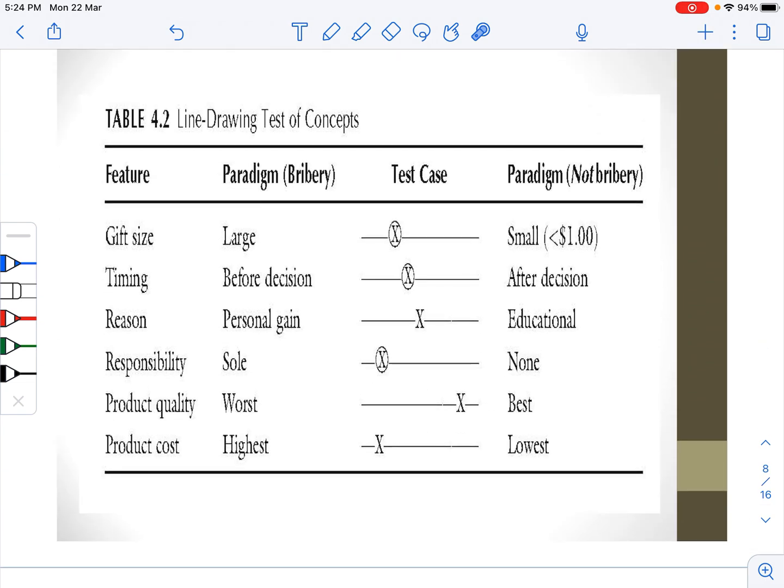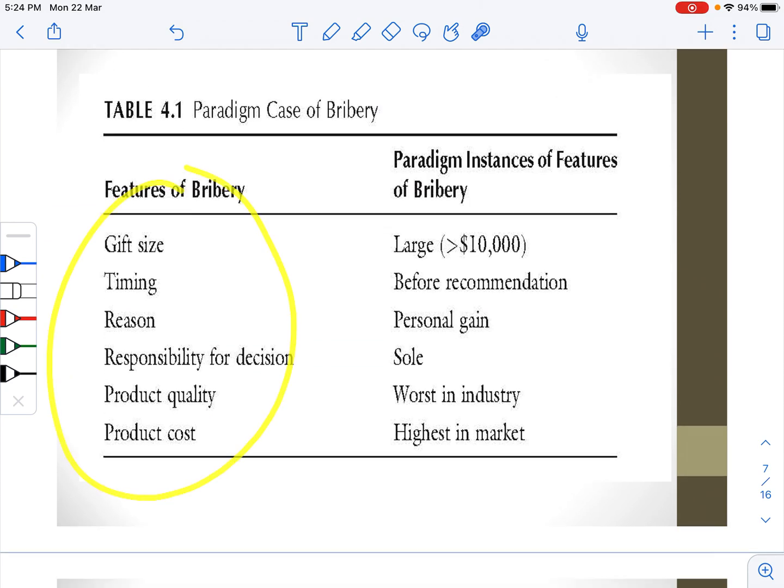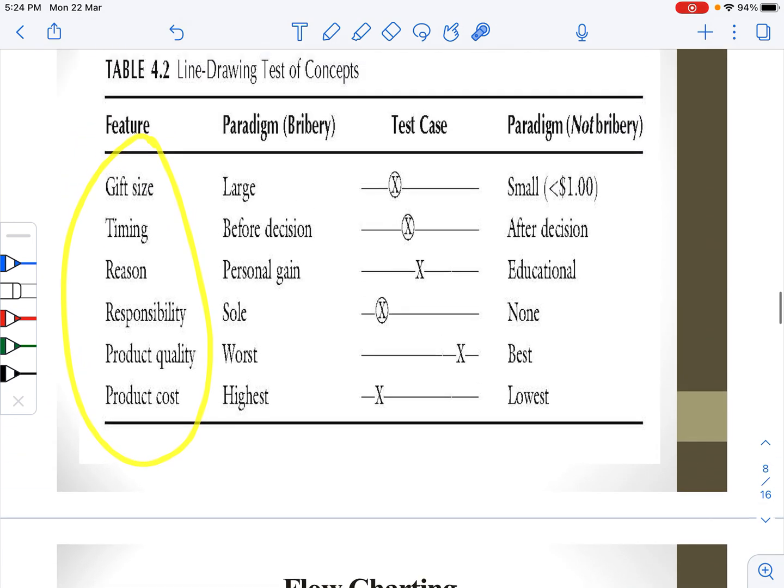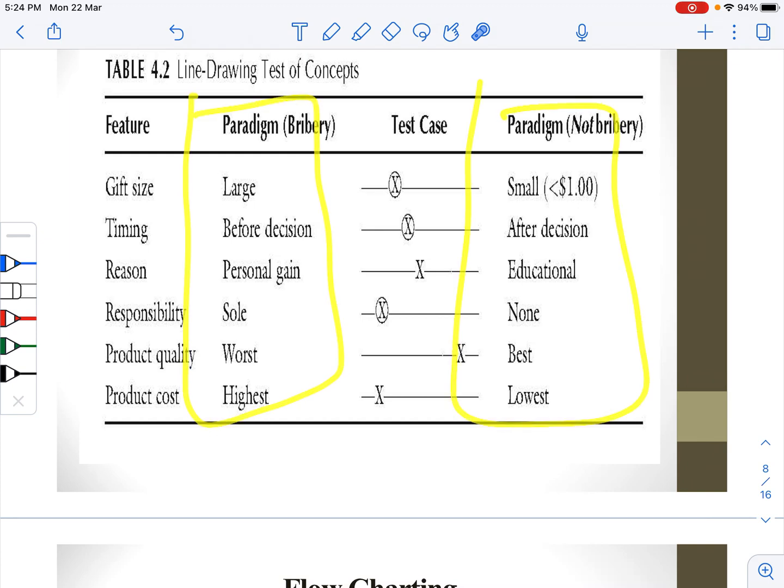Then for this line drawing, you want to come up with your justification, and this is how you do it. You have all the features, the characteristics of the problem over here. So you need to identify the characteristics. Then you put them between the two extremes. For example, the gift size, you have large and you have small. What is large?